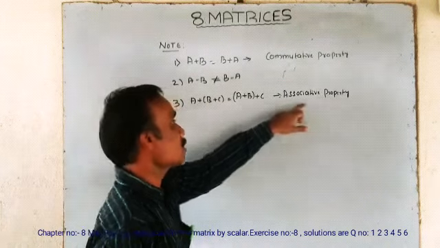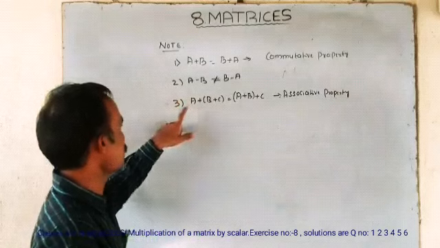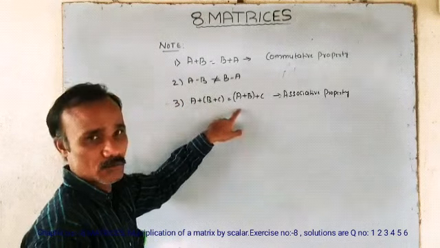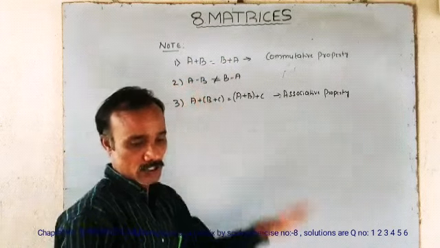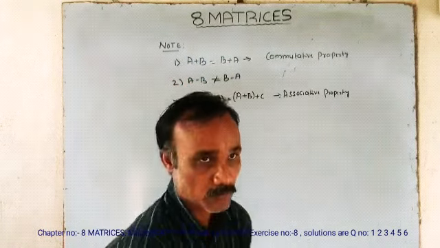This property is known as the associative property. So addition of matrices is commutative, but subtraction is not commutative. Here A, B, C are matrices of the same order. These are very important points.